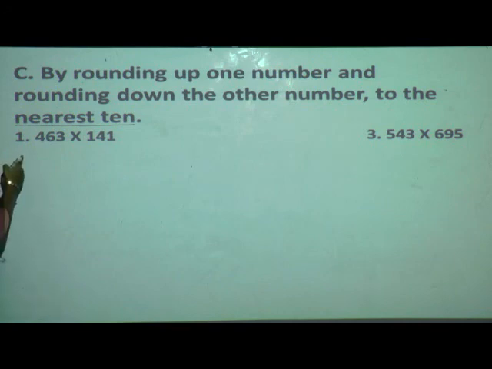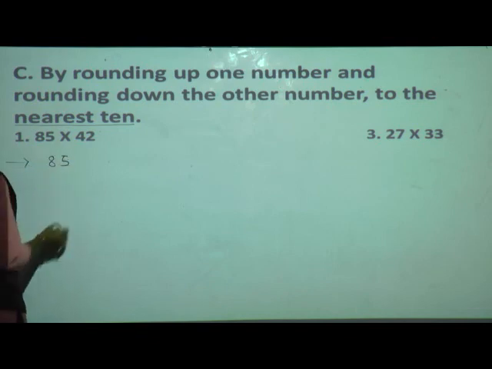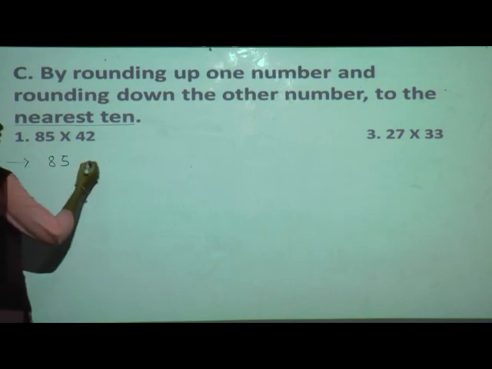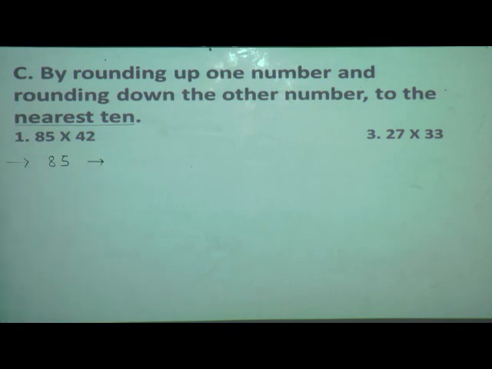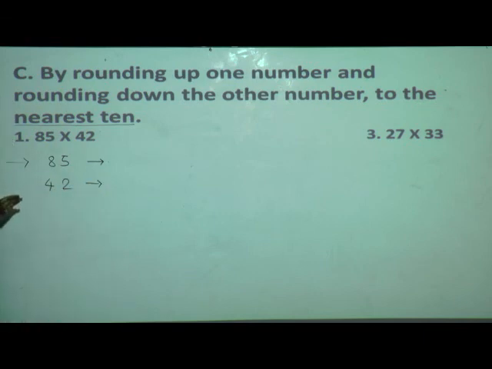Now we will start the first question. The first example. What is the question? 85 multiplied by 42. Now we have to find out nearest tens. Okay, both the numbers nearest tens. So nearest tens will be multiples of 10. But here what is the question?